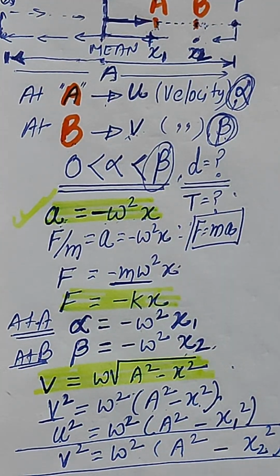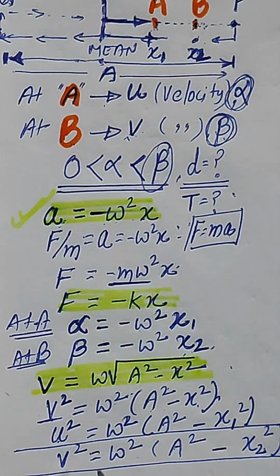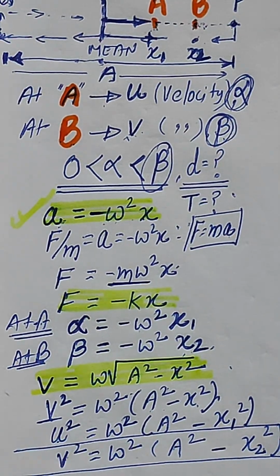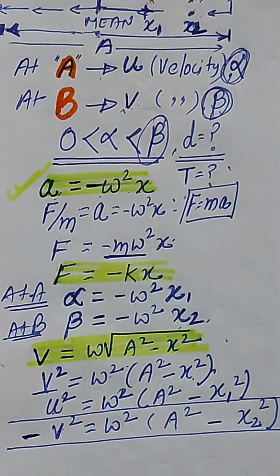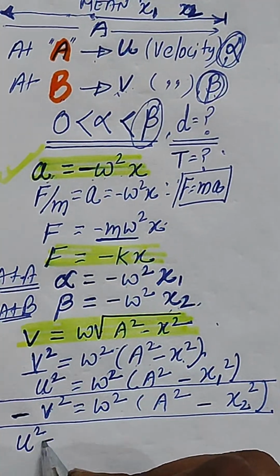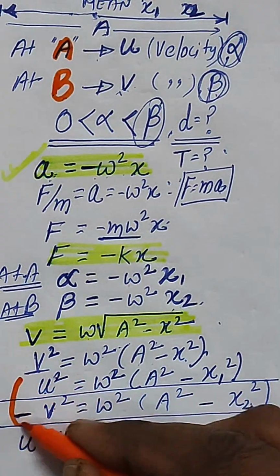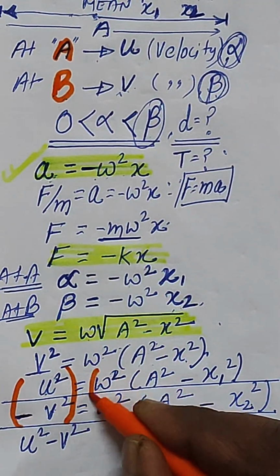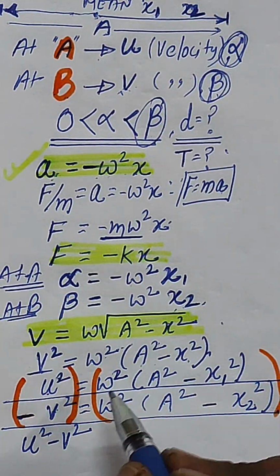Now if you just subtract both of these, what will you get? On the LHS, u square minus v square, and similarly this will be subtracted on the RHS.